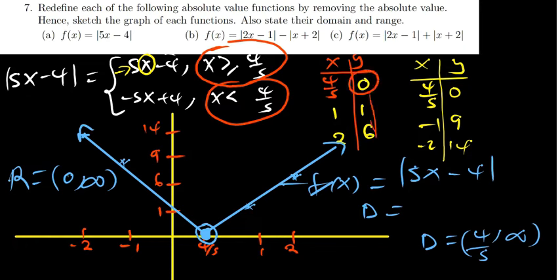So from our graph, y is starting from 0 going to positive infinity. We don't have any value for y which is to the negative side, but starting from 0 going up. So that's why we are saying that the range is from 0 all the way to positive infinity.